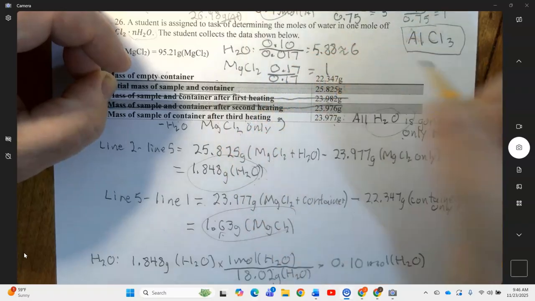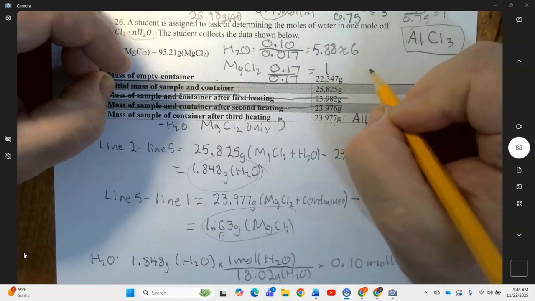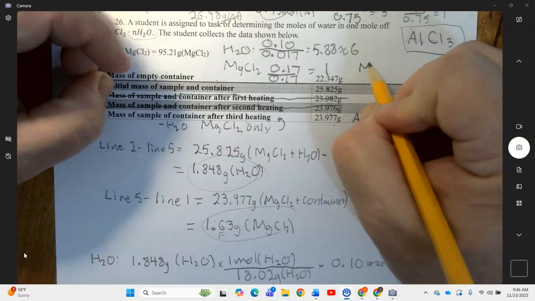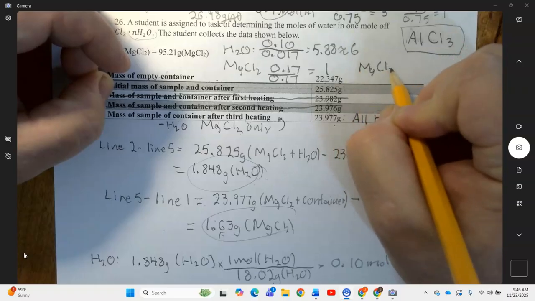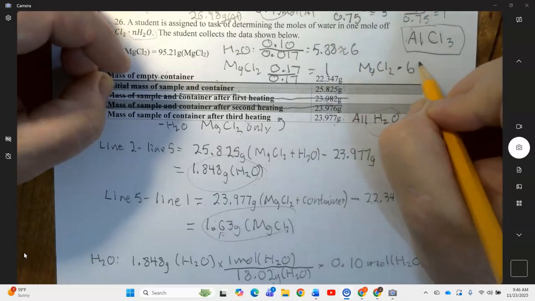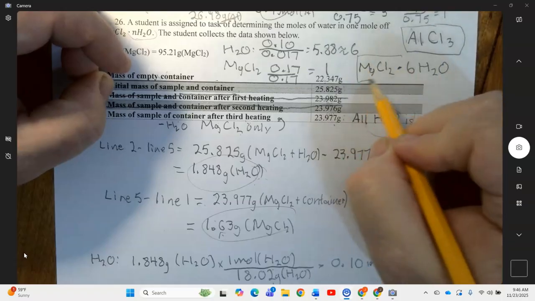Okay, equals 1. So that's going to give us a final empirical formula of the hydrate of MgCl2 times 6 H2O. You have 6 water molecules attached to that, okay? And that's the final answer.